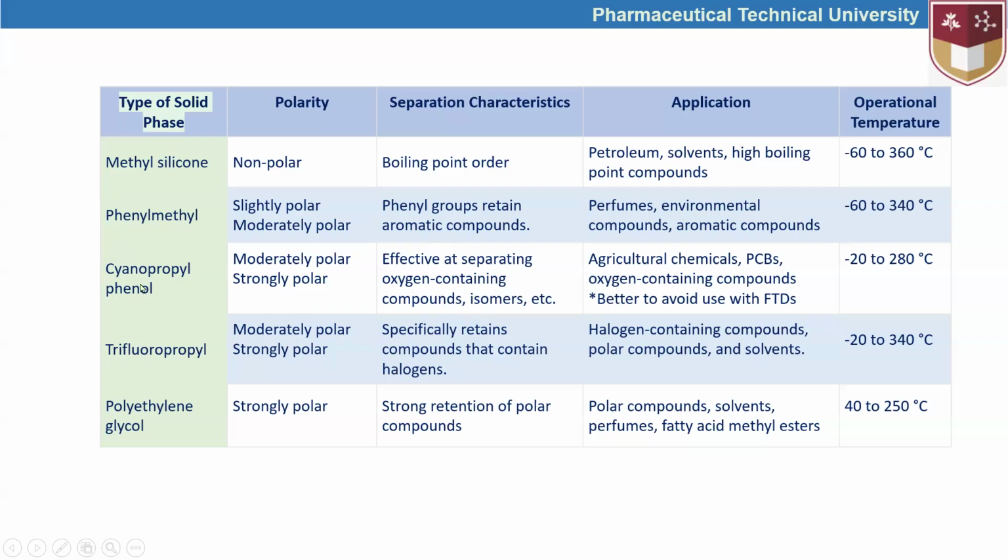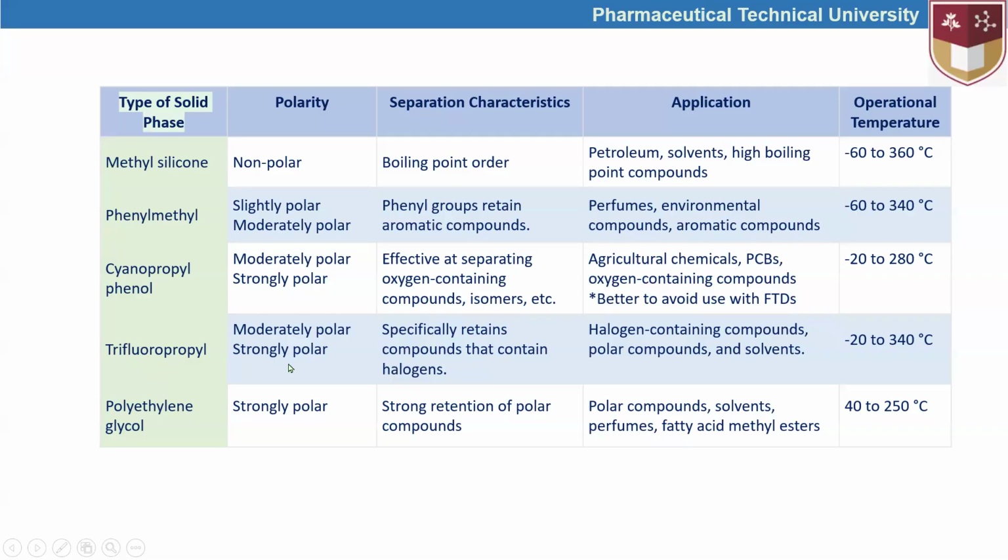So here we can see the linkage that phenyl methyl has specificity for aromatic compounds, phenyl groups, and cyanopropylphenol has specificity for oxygen-containing compounds. And the operational temperature is between minus 20 centigrade to 280 centigrade.